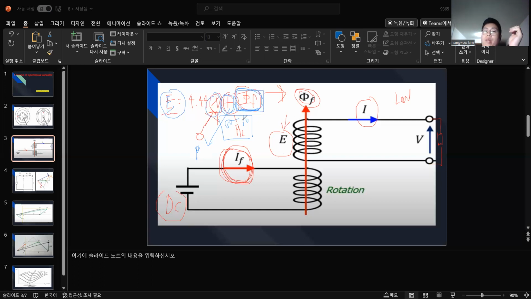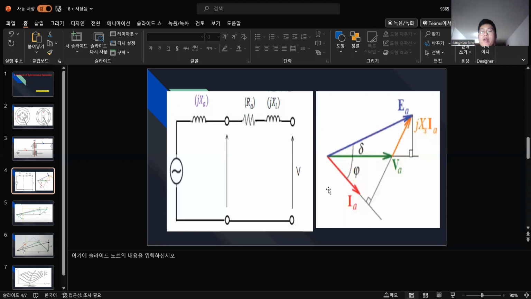But this time I want to explain focusing on reactive power. That's why I mentioned this.